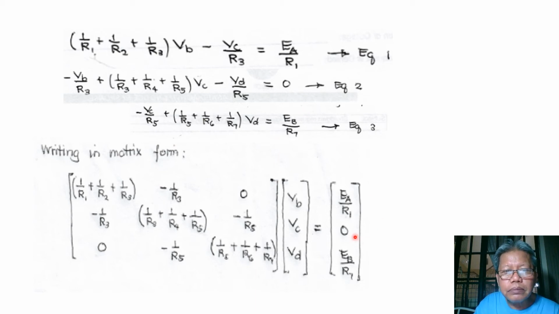So for the third equation, we have here B sub C over R5.